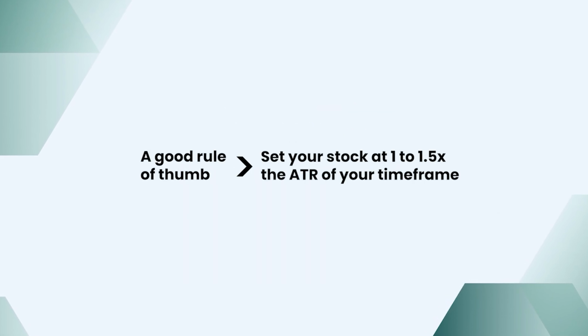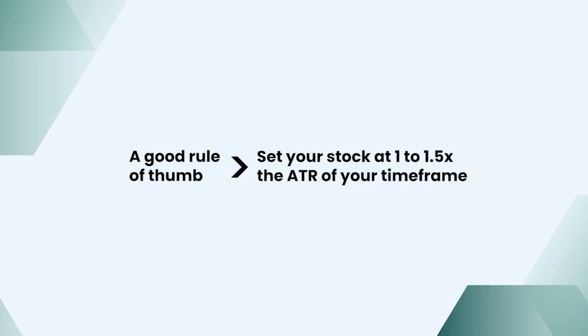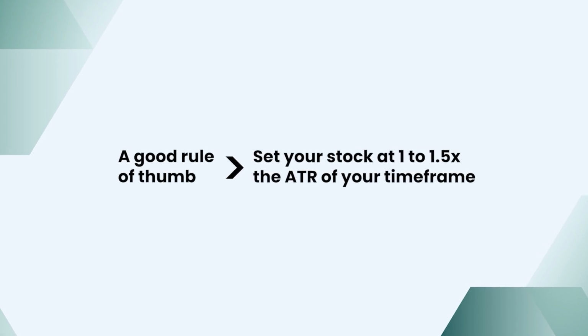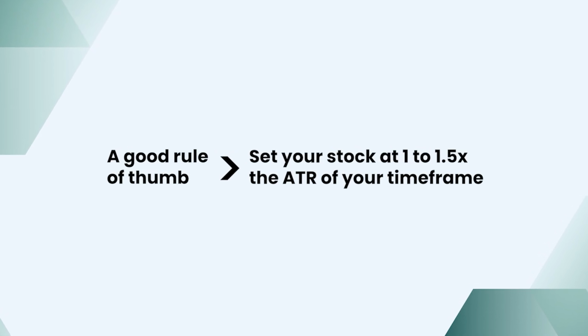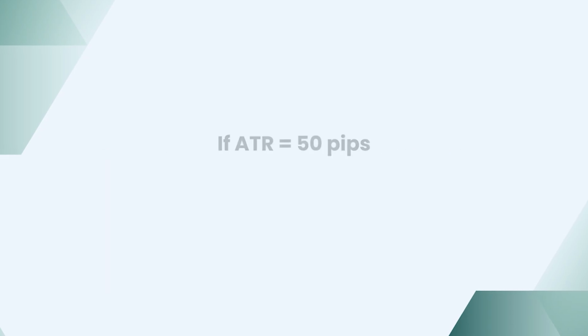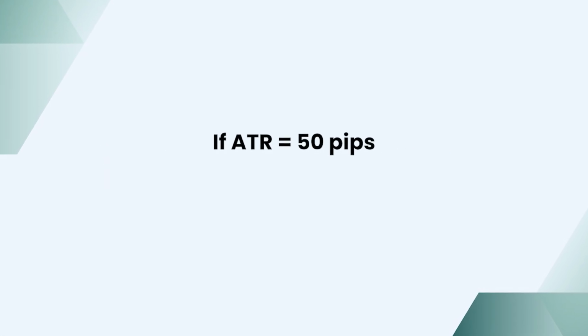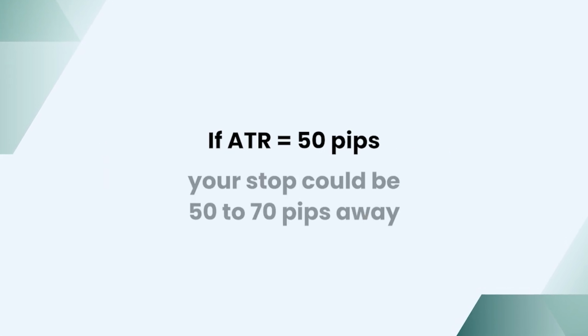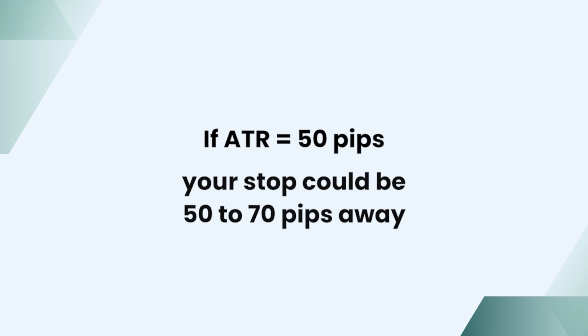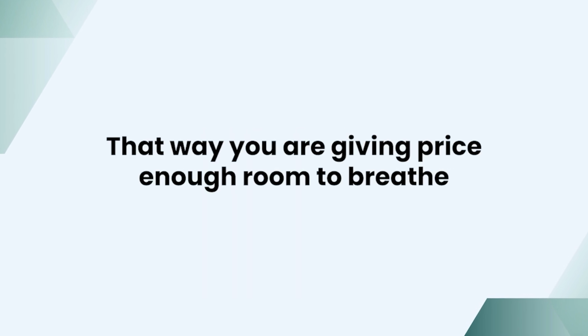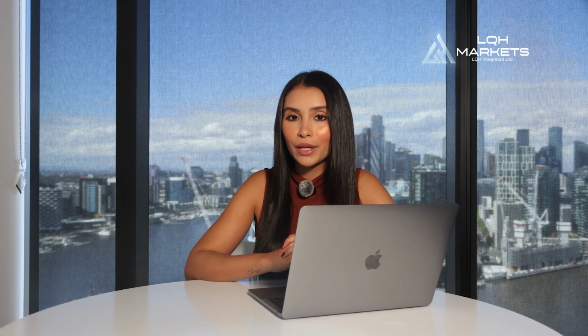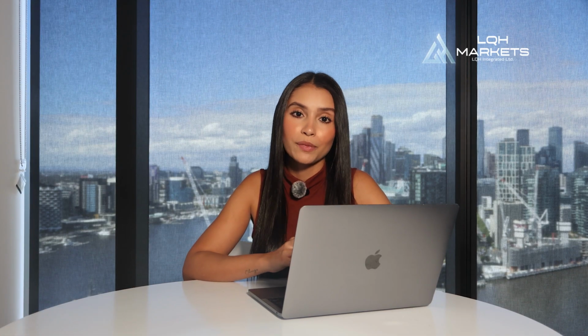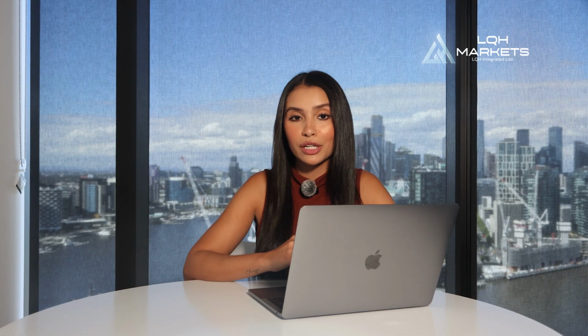A good rule of thumb, set your stop at 1 to 1.5 times the ATR of your time frame. For example, if ATR equals 50 pips, your stop could be 50 to 70 pips away. That way, you're giving price enough room to breathe. It's like giving a child a bigger playground when they have more energy. You adjust the space to match behavior.